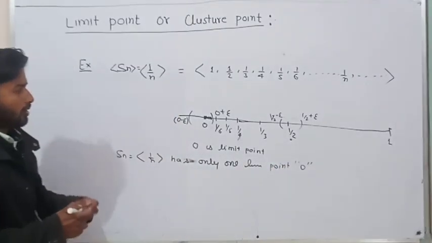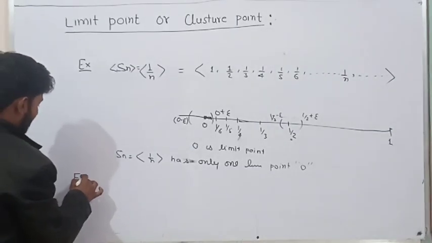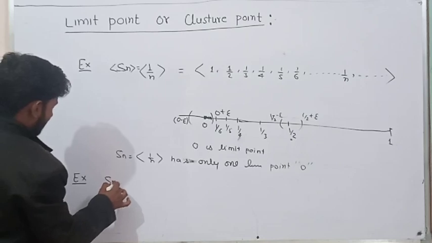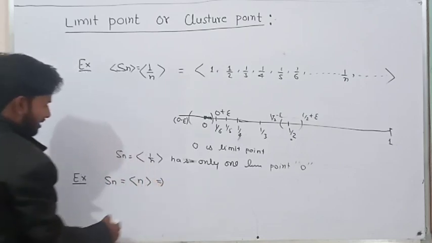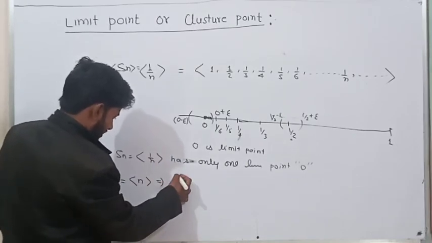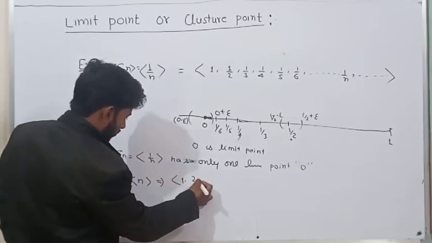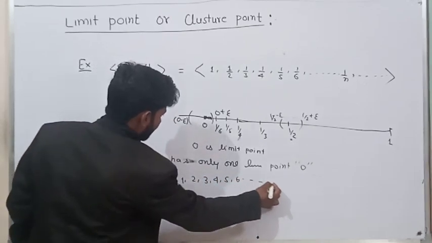Now let us take another example such that Sn is equal to n, which can be written as 1, 2, 3, 4, 5, 6, and so on.